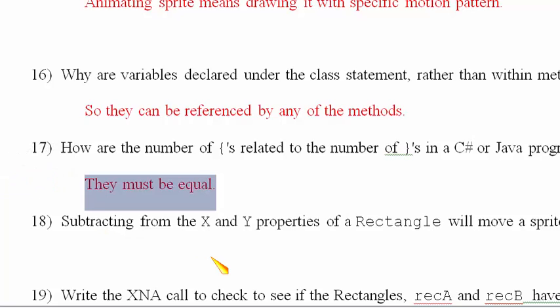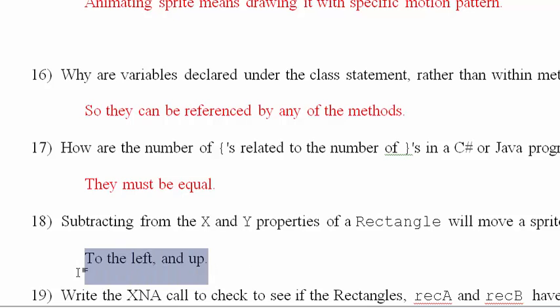Okay, subtracting from the x and y properties of a rectangle will move the sprite that the rectangle represents in what direction? Well, subtracting is going to be up and to the left. Or I should say for x, I'll say to the left and up, so that's in the same order.